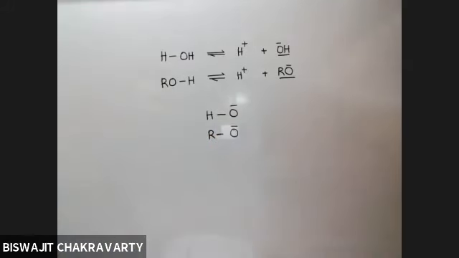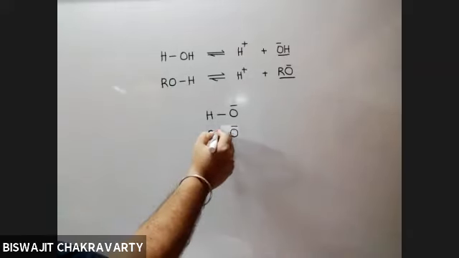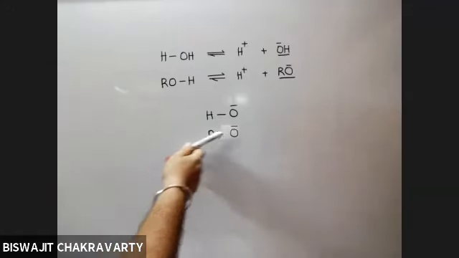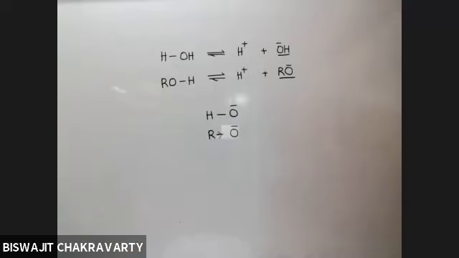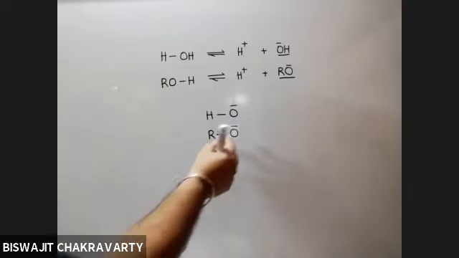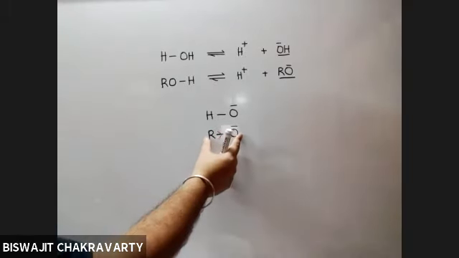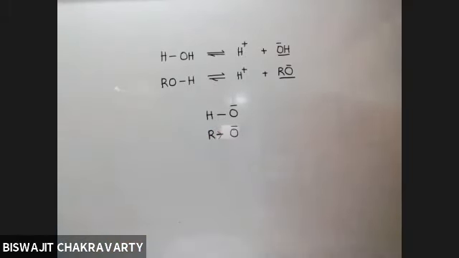Does oxygen require electrons? No, sir. But R is a plus I group or not? Will it not push further electron to O minus? Yes, sir. Ultimately, out of these two, who is less stable? This one is less stable, na? Yes, sir.